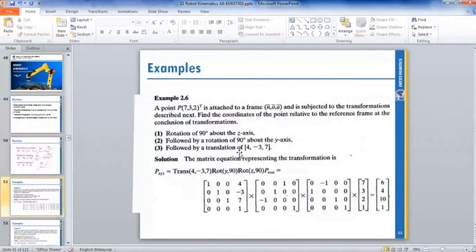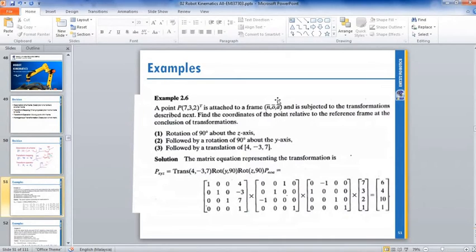Now the example. What is NOA? NOA is a name for your gripper frame, for example. We call it NOA. Actually, N is X, O is Y, A is Z. The point P at 7, 3, 2, that means 7 is X, 3 is Y, 2 is the Z coordinate, is attached to a frame NOA.